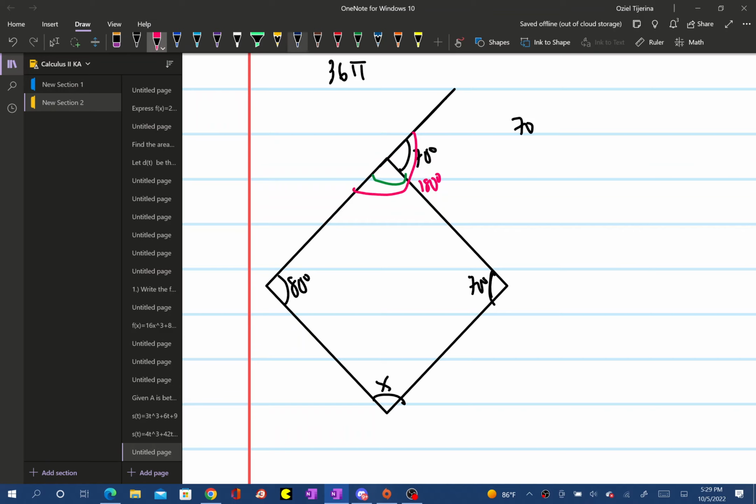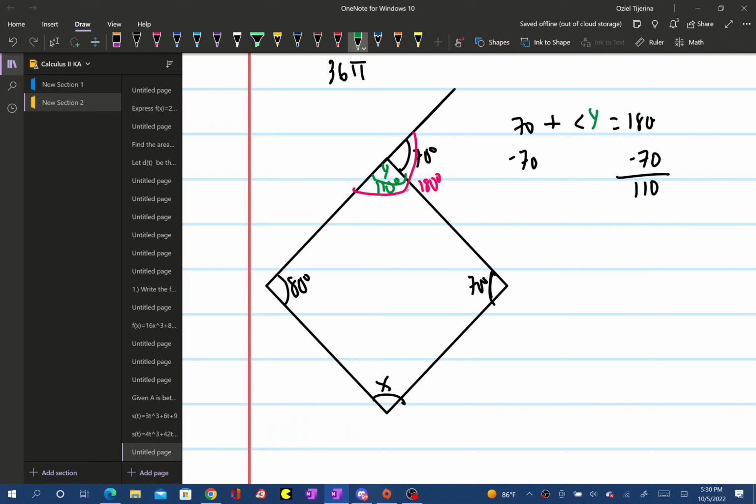So 70 plus angle y is equal to 180. And then you can solve for angle y, which is 110. So this angle is 110 degrees.